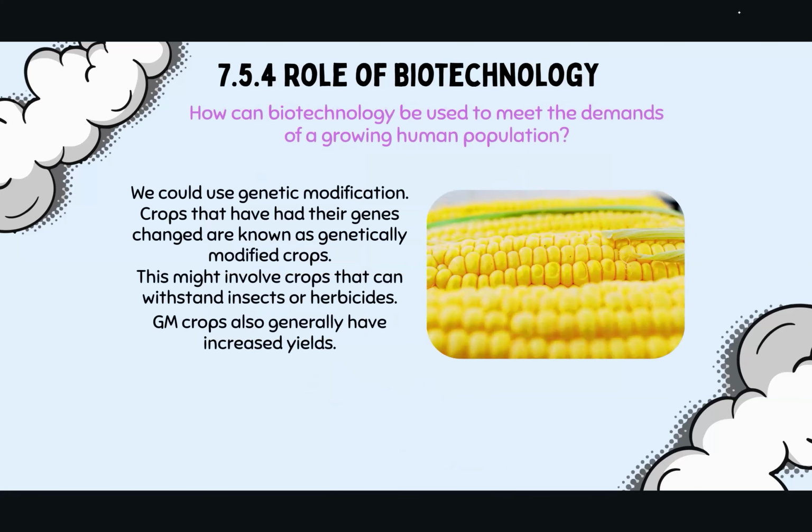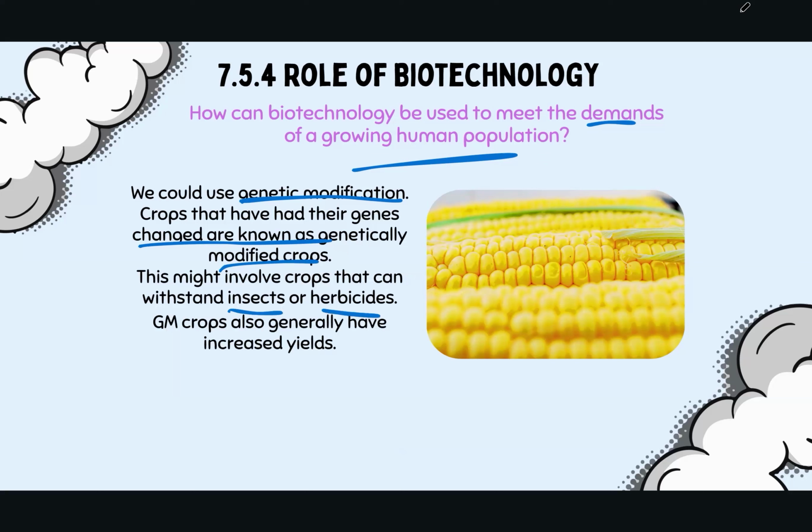Now, biotechnology has helped meet the demands of the growing human population as well, because we can use genetic modification. Genetically modified crops are crops that have had their genes changed. This might involve crops that can withstand insects or herbicides.